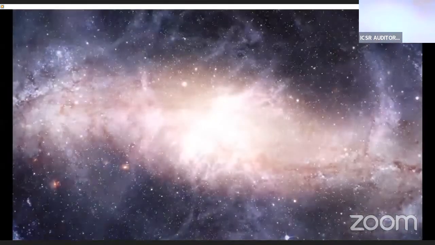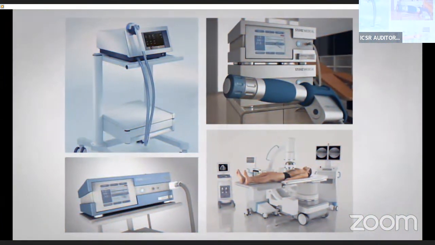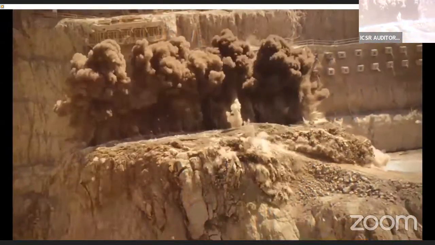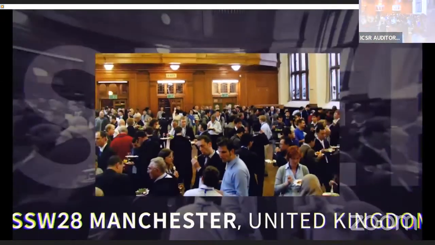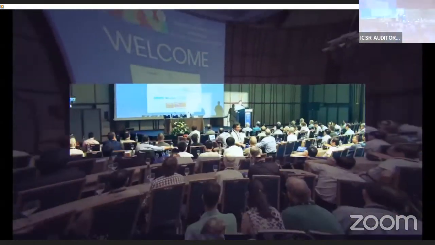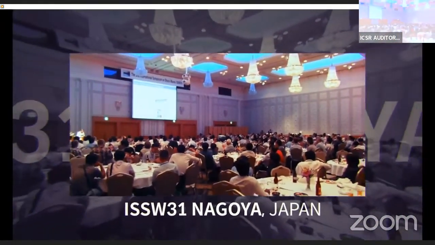Shockwave phenomena are now being applied to a variety of engineering applications beyond aerospace that lead to new technologies and innovative devices. The ISSW has been integral to developing this research on shockwaves and associated technologies.